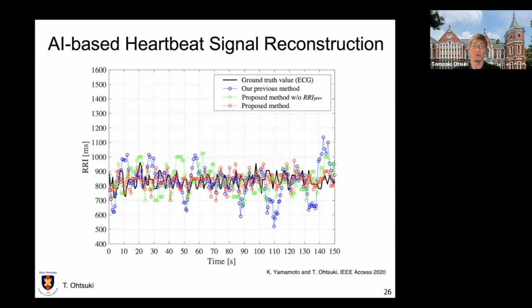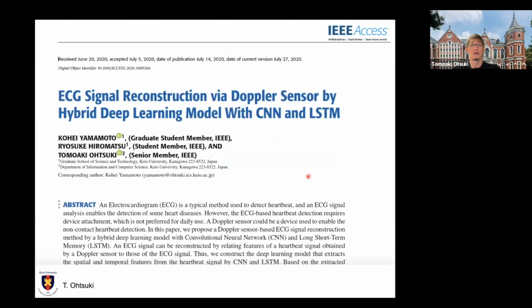That means the deep learning technique can perform well for this kind of task. And also sometimes we want to reconstruct the waveform itself, not only the R peaks, but also the waveform itself. So this is one of the papers that we propose for waveform reconstruction.